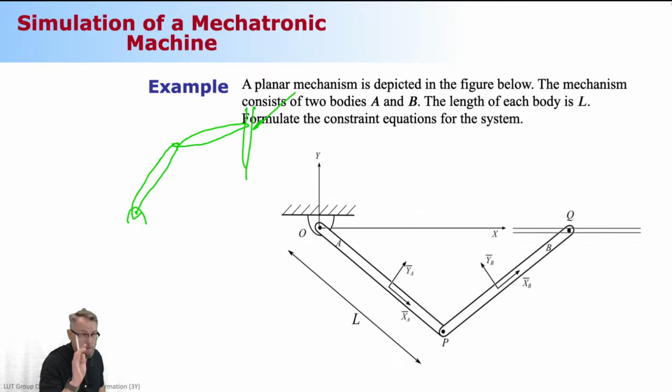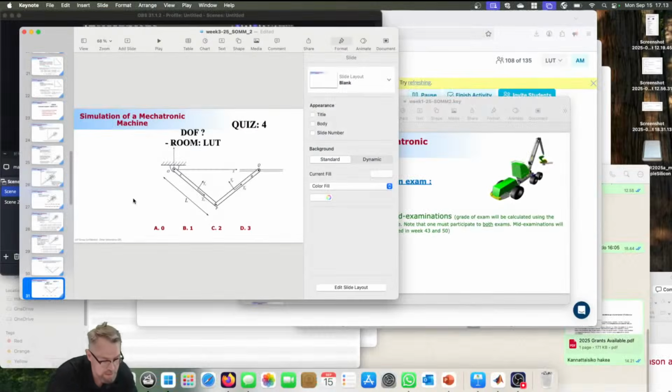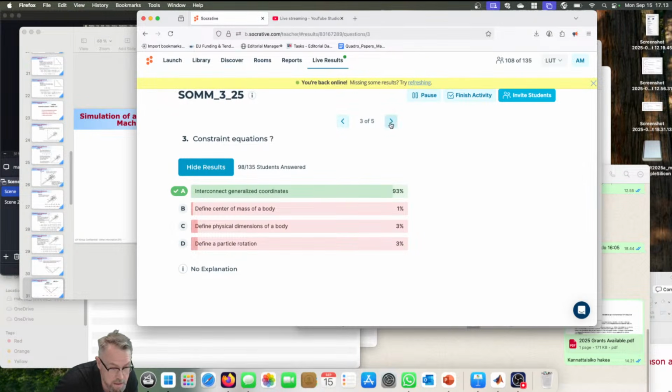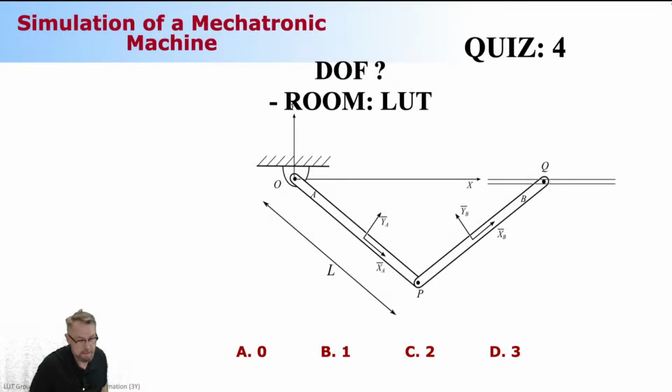Okay, so now this is a major piece of advice for the one that is about to come, which is the number of degrees of freedom. What's going to be the number of degrees of freedom in this case? Just a second, I'm going to allow you to answer this question. I'm going to take myself back here.